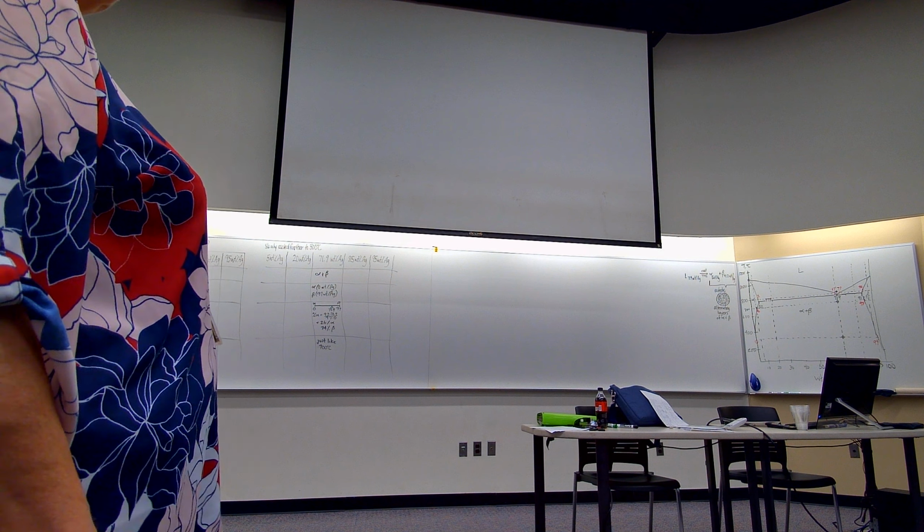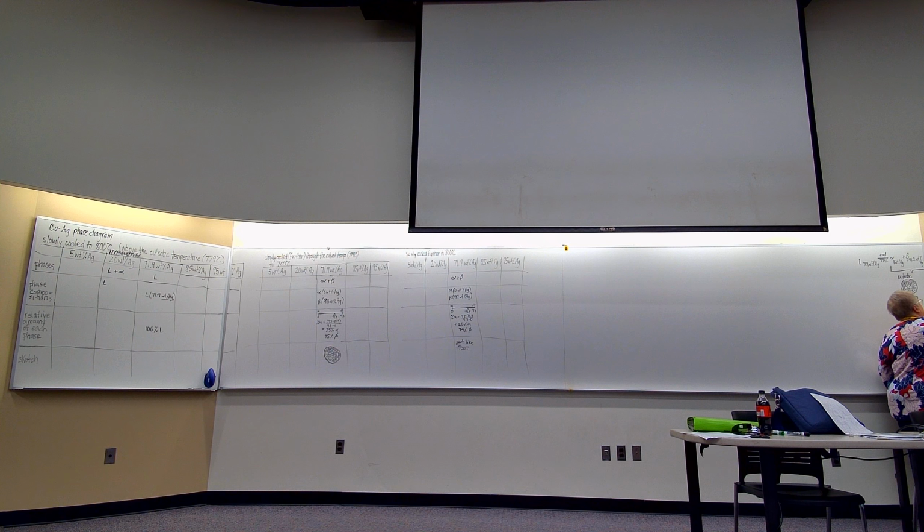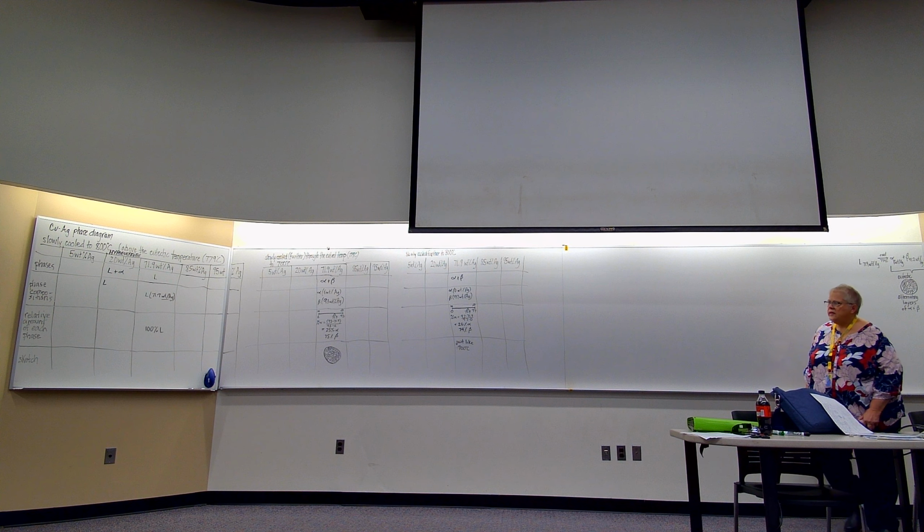So at 800 degrees, I've got liquid and alpha. And my two endpoints tell me the composition. So got liquid and alpha, and the alpha has 8 weight percent Ag, and the liquid has 67 weight percent Ag.